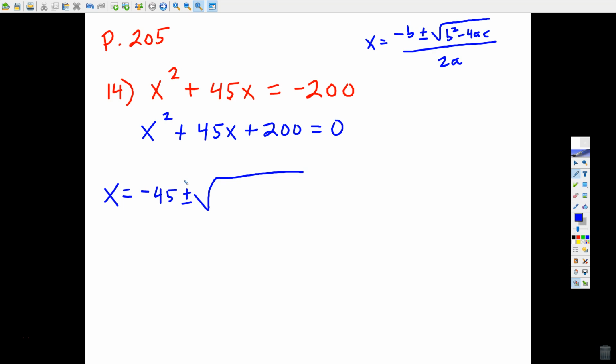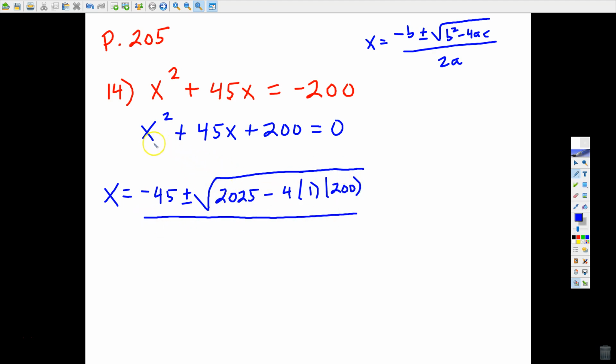That's 2025 minus 4 times a, which is 1, times c, which is now 200. And we'll come back and simplify all that in just a moment. All of that goes over 2 times a, 2 times 1 is 2.